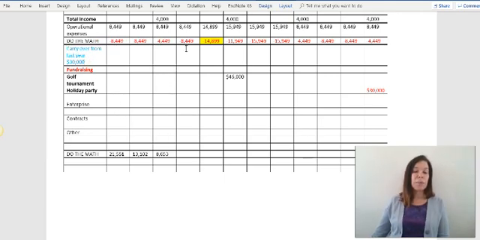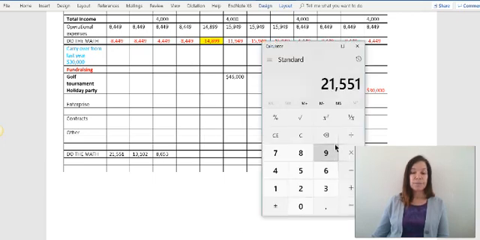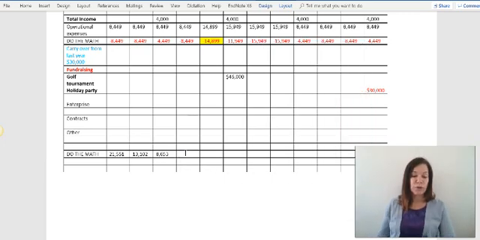And we come up to right here where we now have to subtract. We've got $8,653 left in the bank, and we need to subtract what we have to pay out the next month, which is $8,449, and we only have $204 left in the bank now.